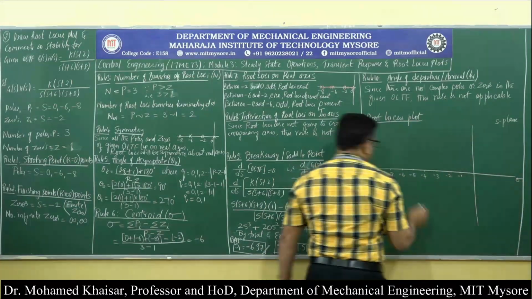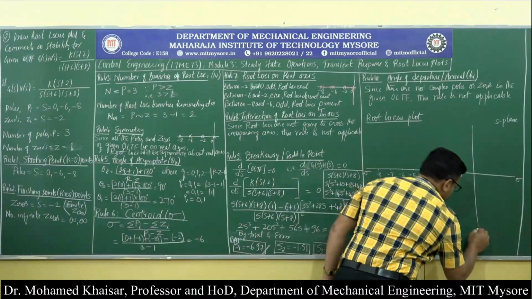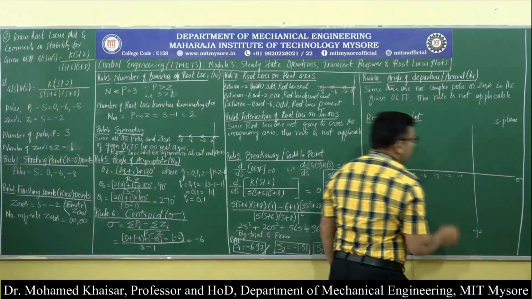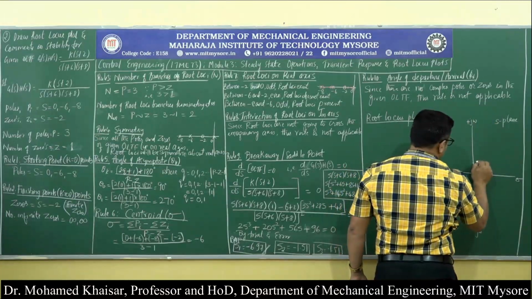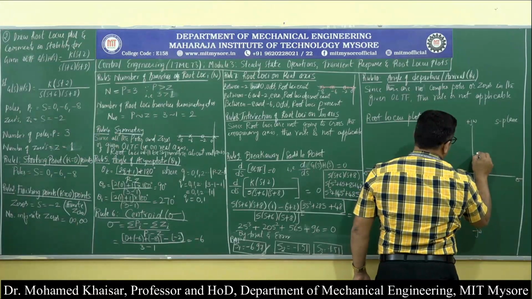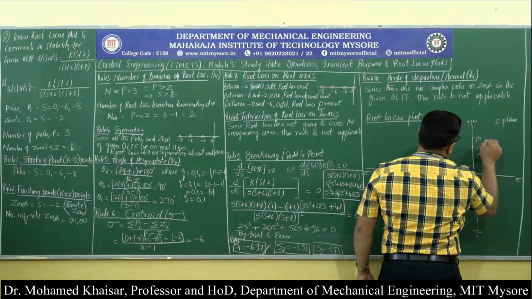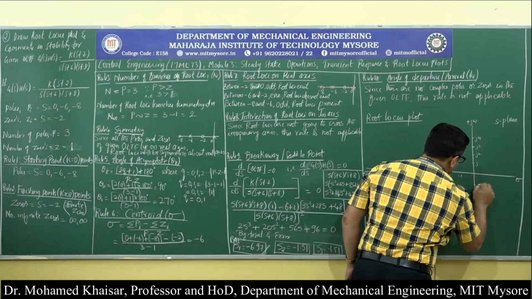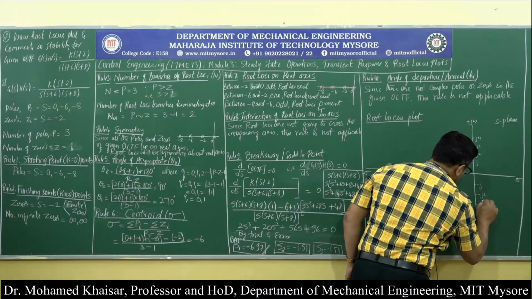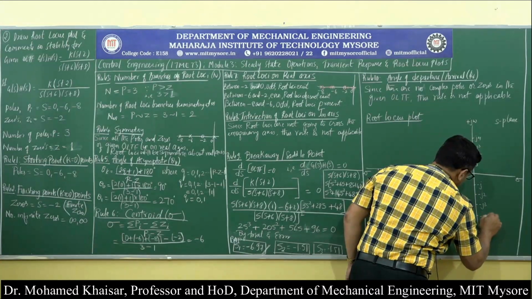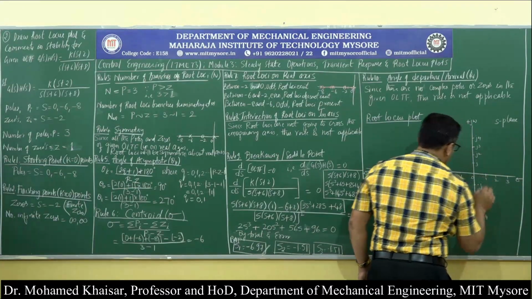This is the positive real axis. This is the negative real axis. This is the negative j omega, that is the imaginary axis. This is the positive imaginary axis. j, j2, j3, j4 as such. And here minus j, minus j2, minus j3, minus j4, and so on. And here is 0.